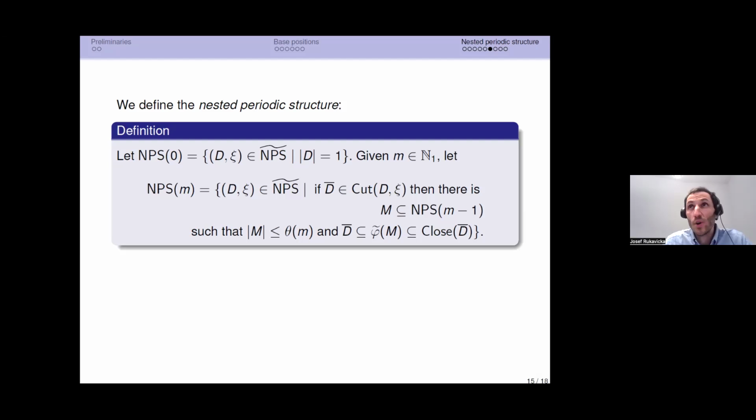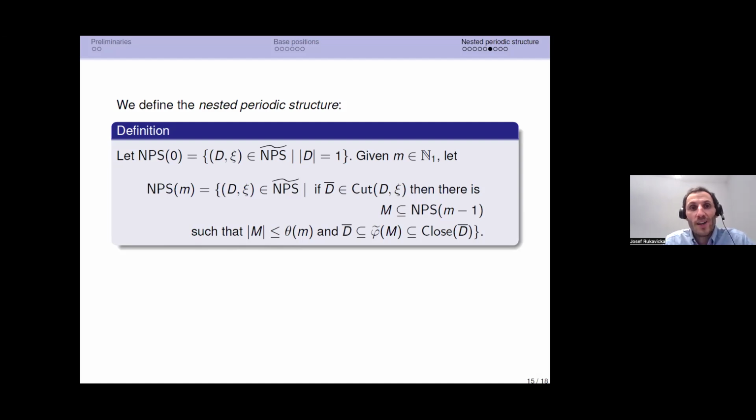So you can imagine you have some periodic vectors, and then you compose them together, or you have some periodic vector, and in every period of this vector there are some other periodic vectors of lower degree, and the number of them is bounded by theta m, and so on. So this is the definition of the nested periodic structure.